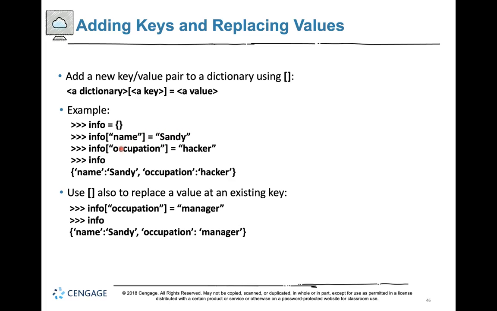Then we add another one, occupation, hacker. When you print out this dictionary, now you have two items. You can also use that same syntax to modify, because the occupation is already in the dictionary. You provide a different value, and that will overwrite it. The existing value will be changed to manager.